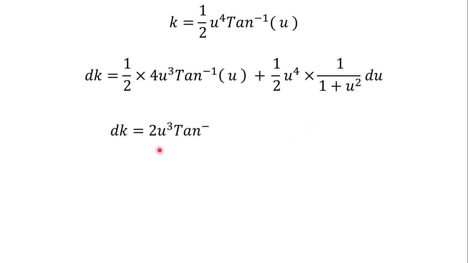So dy is equal to 2u raised to the power 3 times tangent inverse of u plus u raised to the power 4 divided by, these two would multiply this, divided by 2 into bracket 1 plus what? u squared du. Okay, now we are done with the differentiation, and then we have to go back.